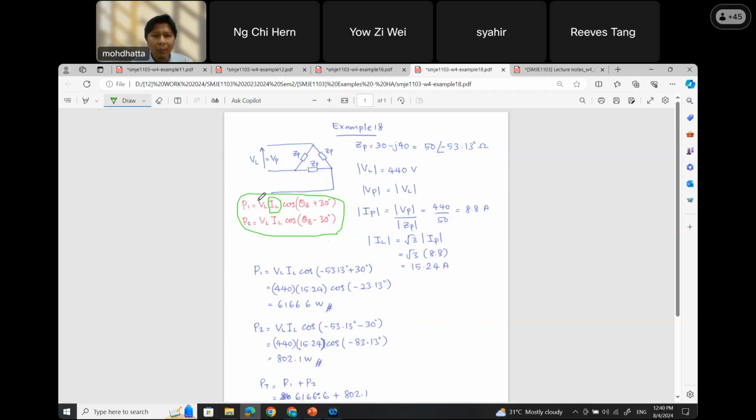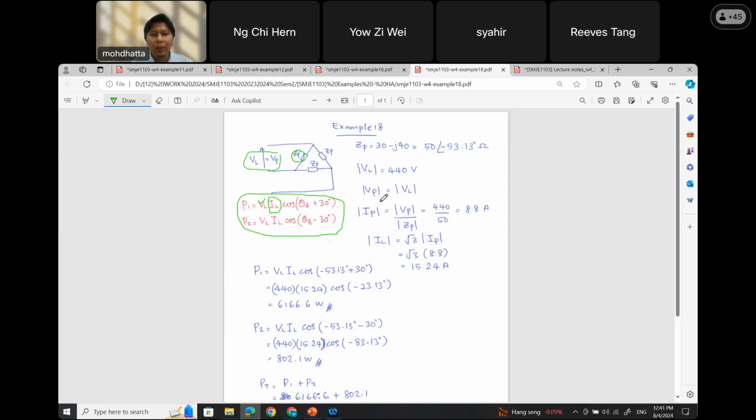Now, VL magnitude is given in the question. Our target is IL. Since this is a delta connected load, whatever we do related to the phase impedance will give us the phase information. And since this is a delta, the line voltage in the question is also the phase voltage.